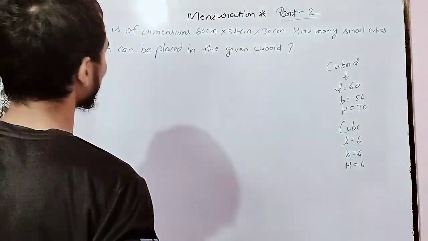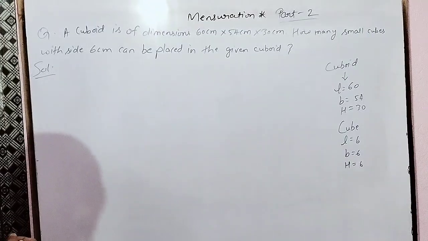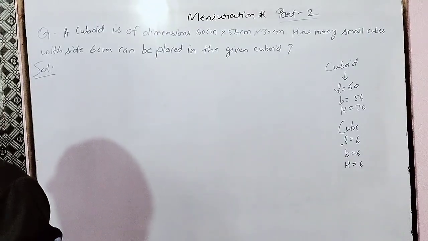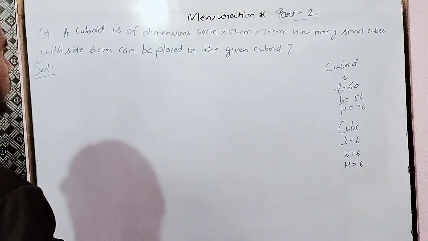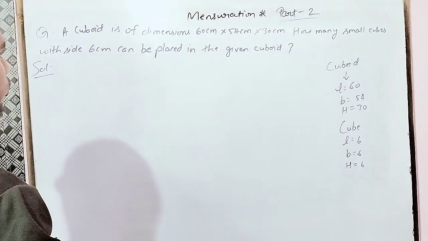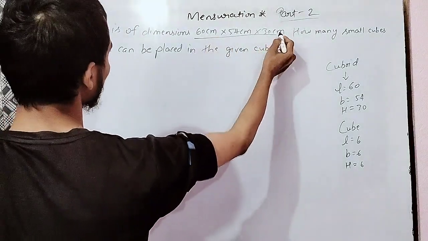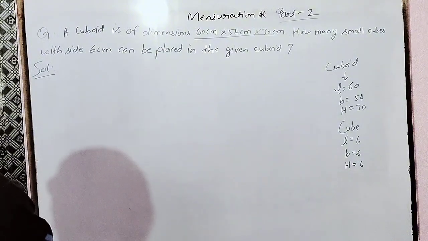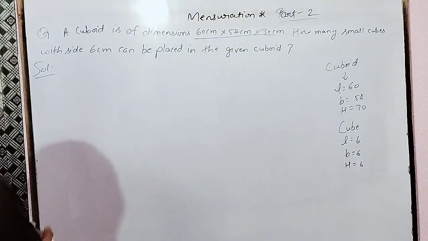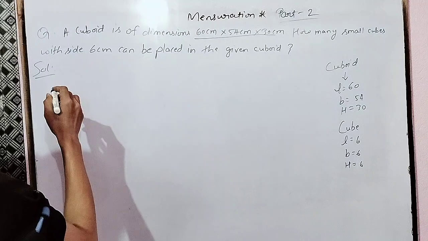You can observe it carefully for clarity. Now, to put small cubes in this dimension, we have to find the volume of this given cuboid.